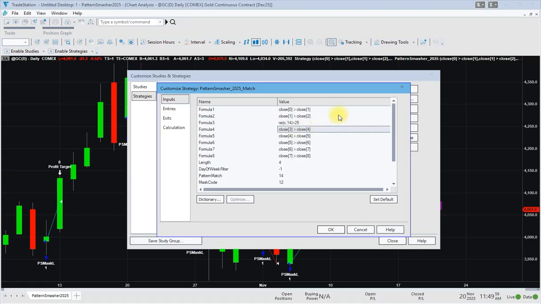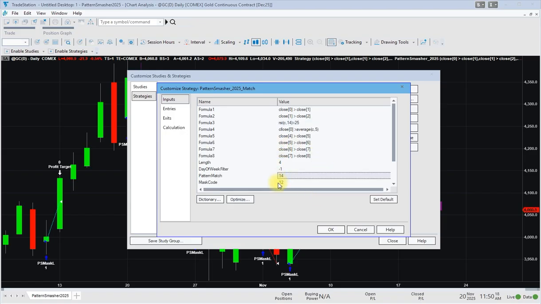And let's do close of 0 is greater than average close of the last 5 days. Since we're talking short term, okay? So those are the 4 formula.